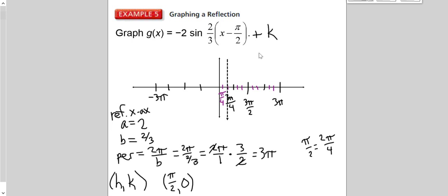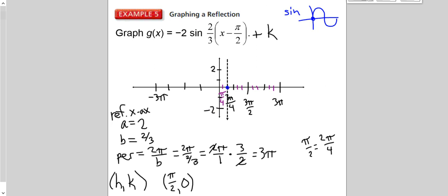So that's my starting line. My sine graph usually starts from 0, 0 and does a mountain and a valley. So we start from here unless we shifted our midline up. Okay, so here's our middle. Our amplitude is 2, so we're going to go up 2 and down 2 from the middle.